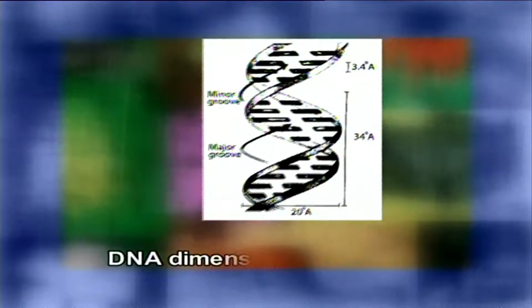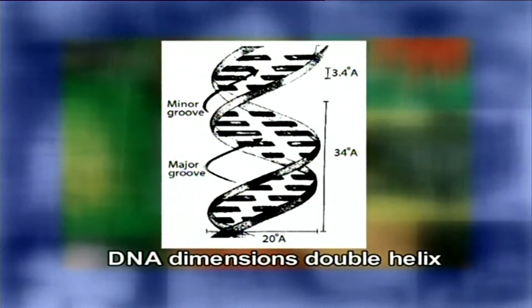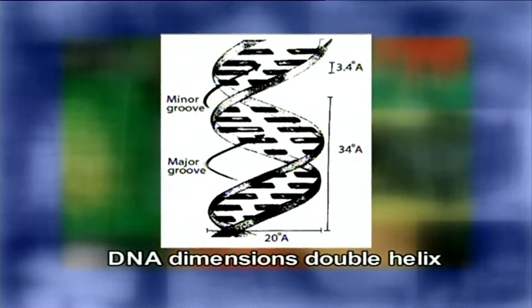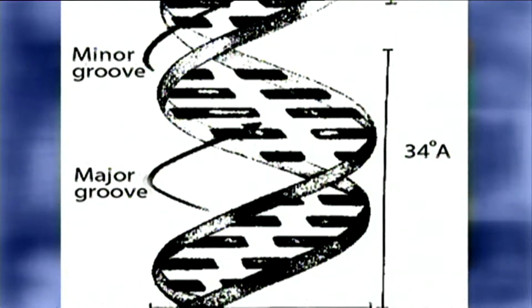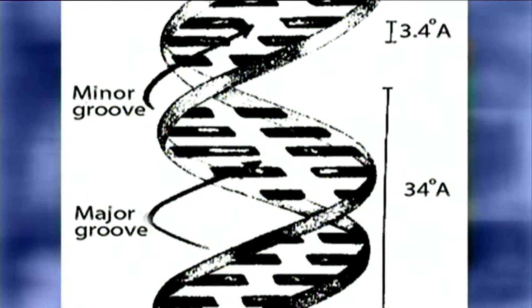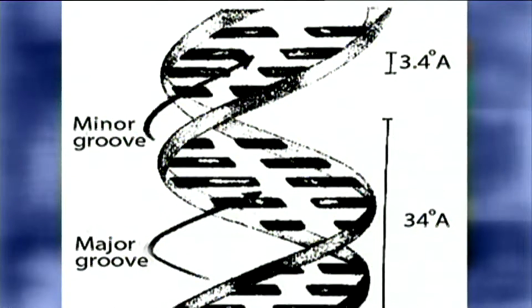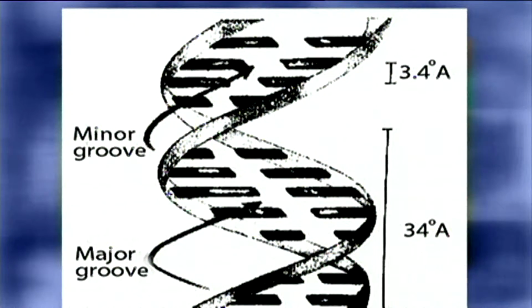The DNA double helix has a diameter of 20 angstroms and a pitch, that is one round, of about 34 angstroms. The distance between the two base pairs is 3.4 angstroms and there are 10 base pairs in each turn.